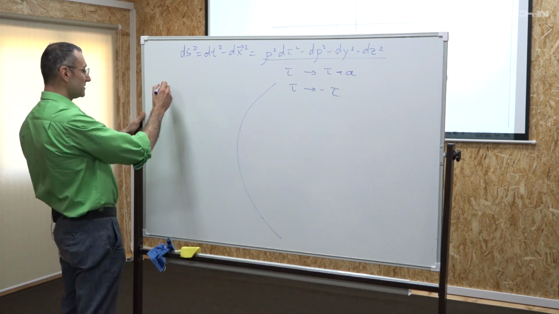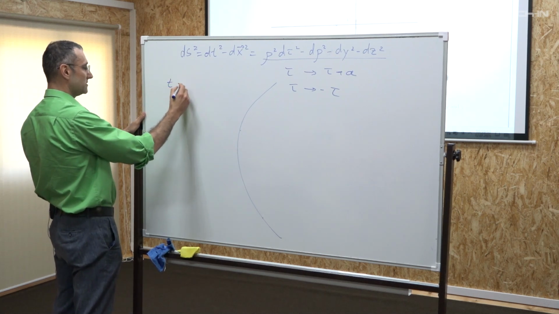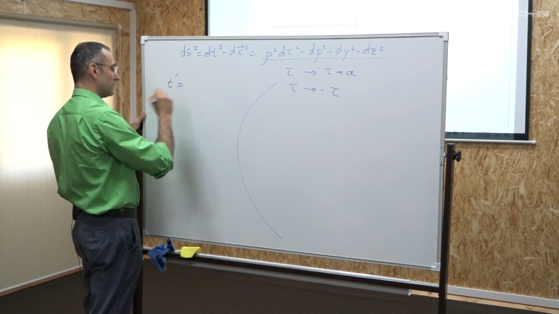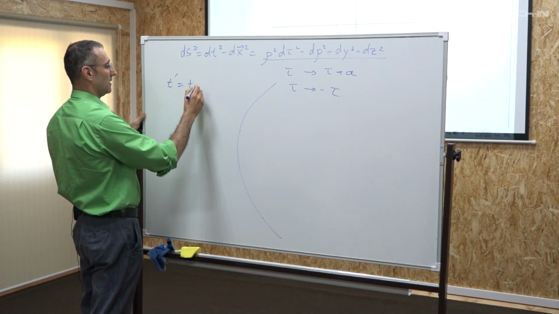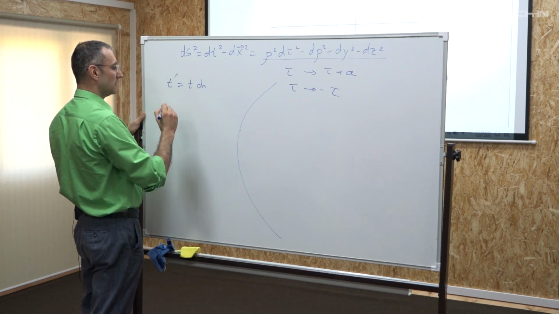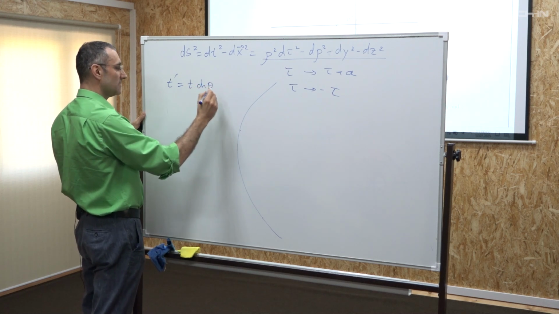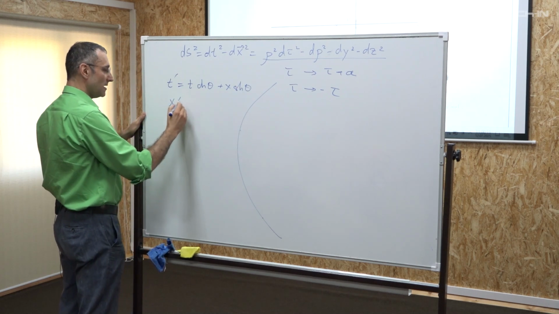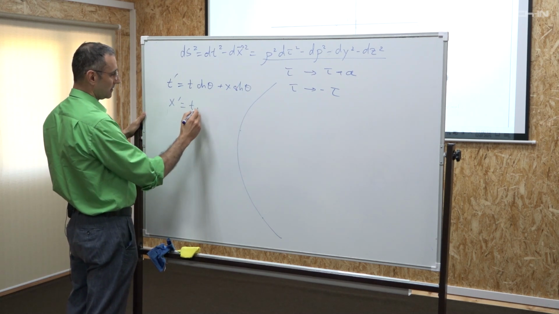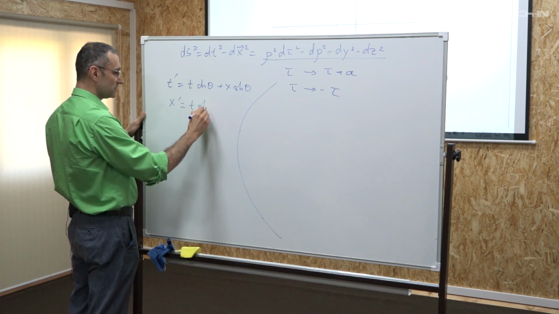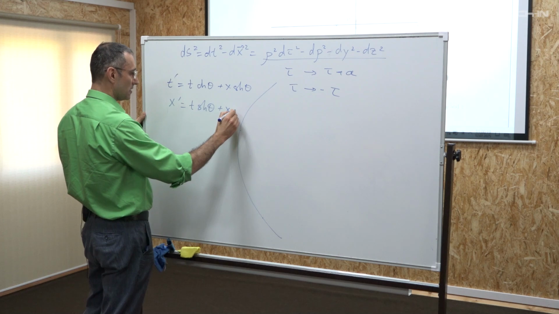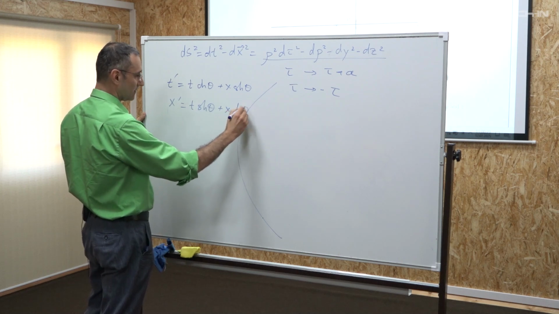So Lorentz boost is just the following transformation. t prime is equal to t cosine theta plus x sine theta, and x prime is t sine theta plus x cosine theta.